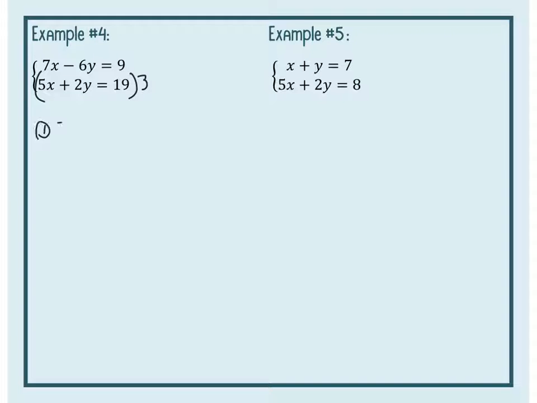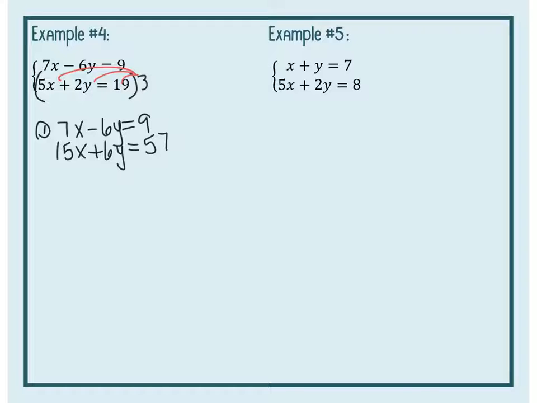So let me rewrite the first one. I always like to rewrite so that it looks a little bit neater so I understand what I did. So I'm going to take that 3 and I'm going to distribute it to all of them. Okay, I have 15x plus 6y equals 57.